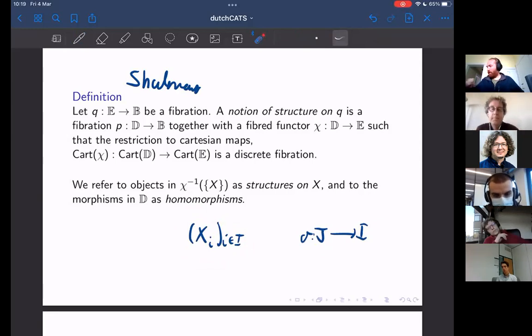For example, these could be sets, and then a group structure on the set.